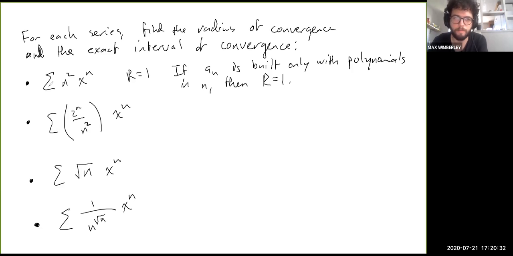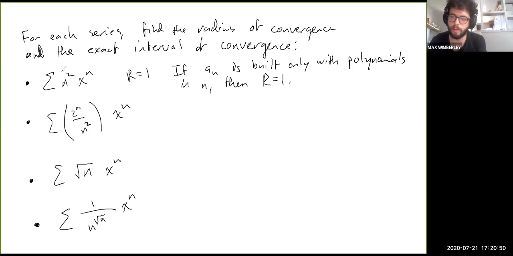If you're only allowed to take n and do multiplication, addition, subtraction, and division to build up the expression for a_n, then the nth root approaches 1.